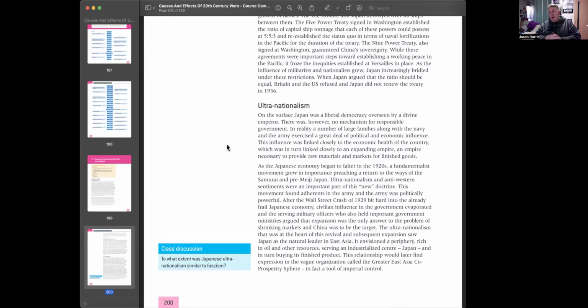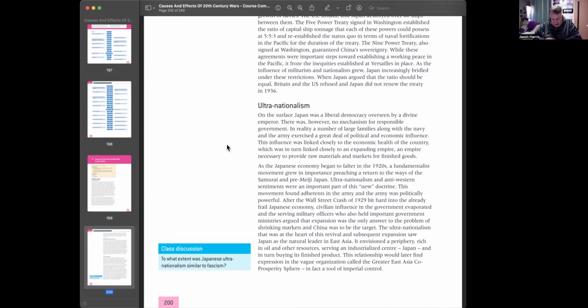So what they're saying is, yes, there were elections, and nominally these people in power were supposed to do what's best for the people, but they often did what was best for these very wealthy, large families, the Zaibatsu type families, the Mitsubishis, and those type of big families. And the Army and Navy also had a lot of influence in laws that were passed and things that were done to benefit this factory or this region of the country.